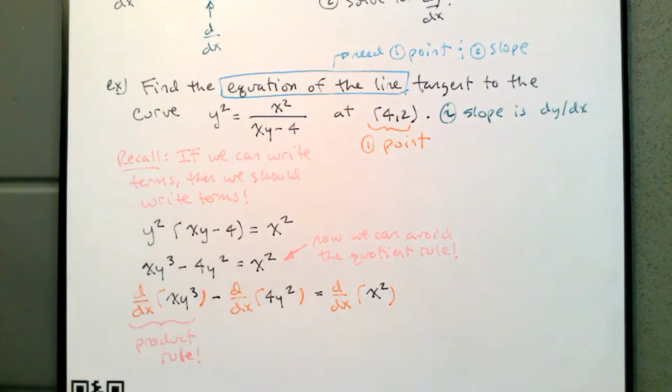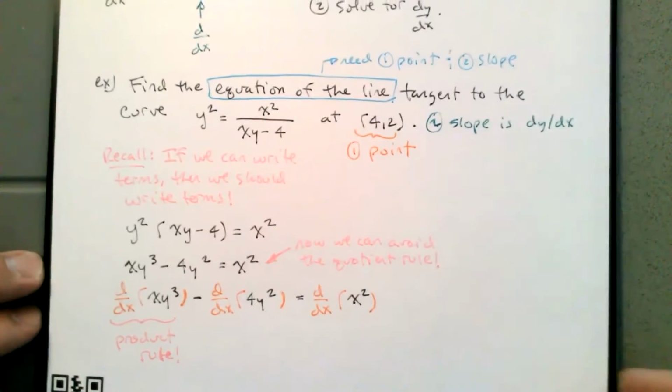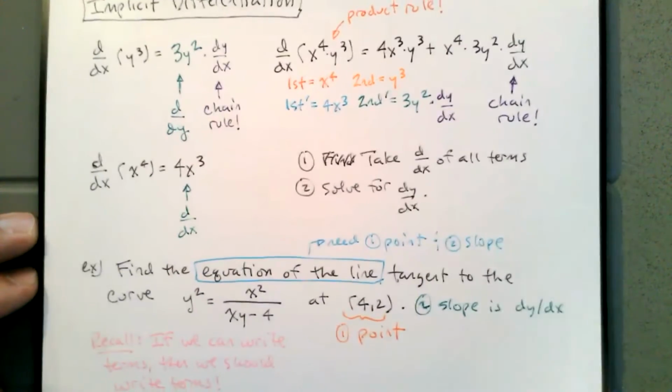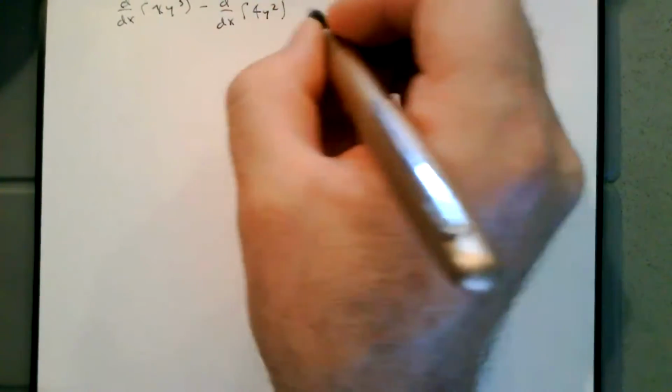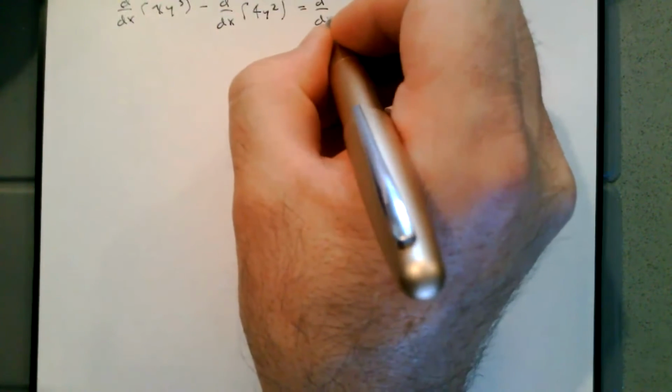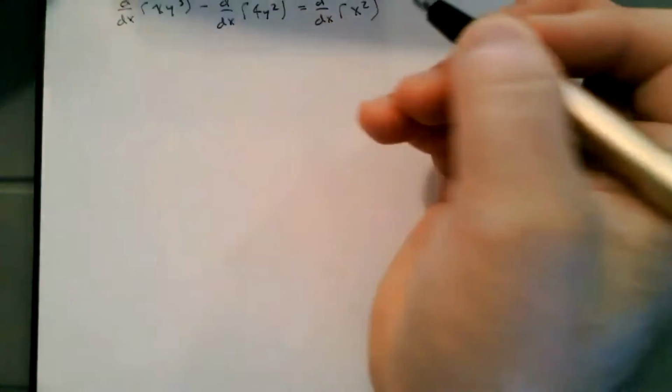So since I've run myself out of space, we need the derivative with respect to x of xy cubed minus the derivative with respect to x of 4y squared equals the derivative with respect to x of x squared.